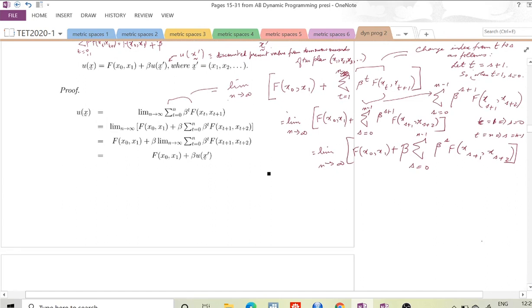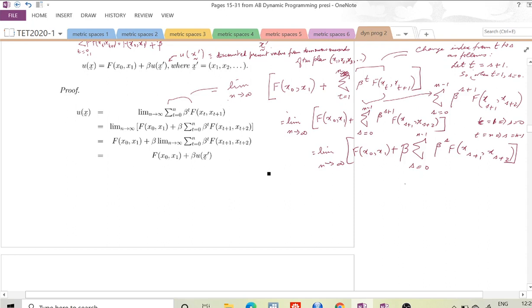So now you can see that this thing here is just a partial sum of discounted present values of the original problem that starts at t equals 0 or s equals 0. The only difference is that the first state will be x1.